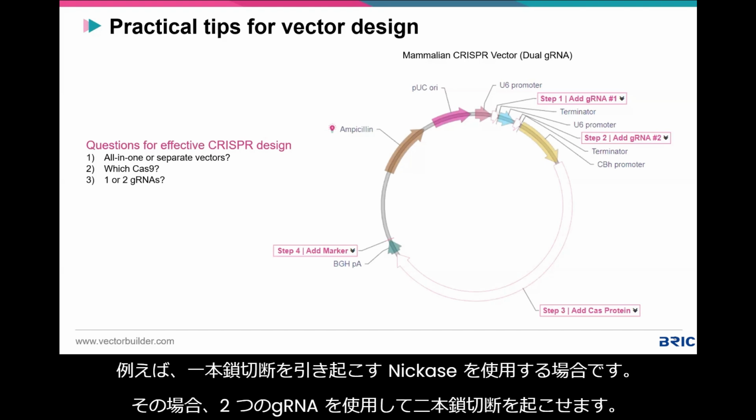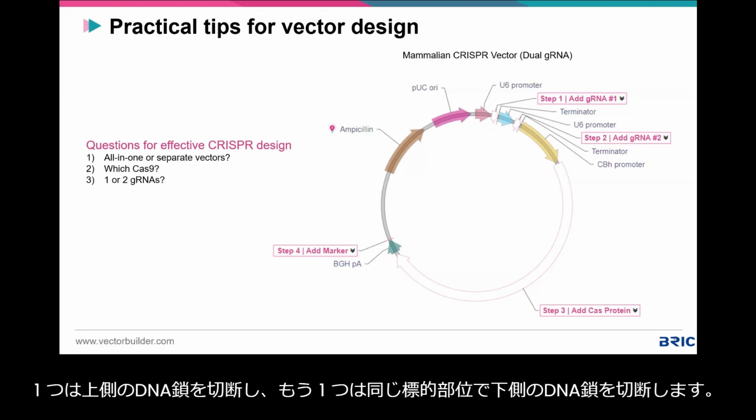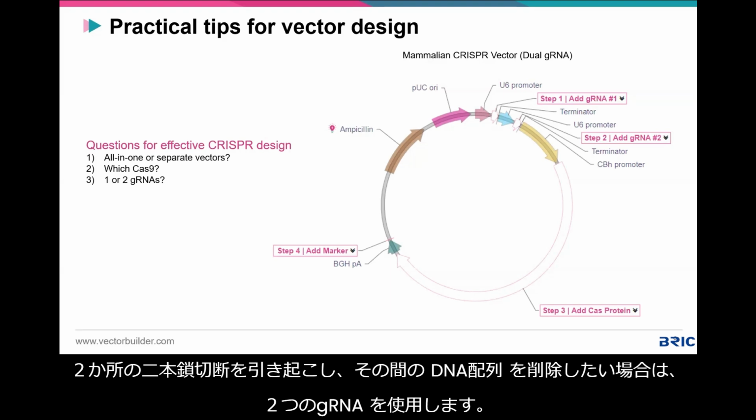For example, if you're using a nickase, which causes single-stranded breaks instead of double-stranded breaks, in that case, you can use two guide RNAs, one cutting the upper strand and one cutting the lower strand at the same target site, causing double-stranded breaks. Because you have to use two guide RNAs instead of one, this reduces off-target effects by a lot.